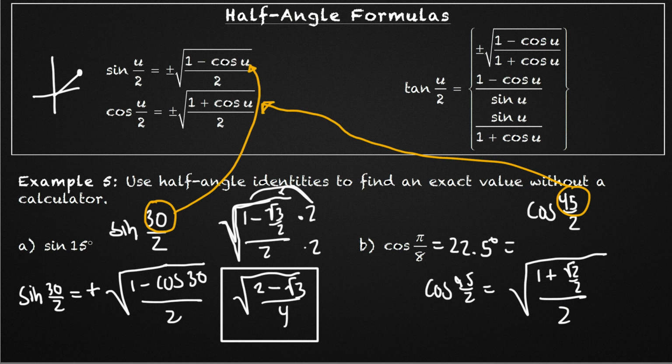Same deal as last time. You're going to multiply the top by 2 and the bottom by 2. When you do that, the 2 is going to distribute in here. And so it's going to leave you with a big square root of 2 plus root 2 over 4. And really, essentially, that's all there is to these problems.